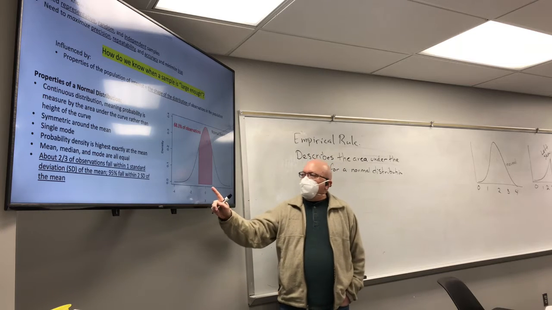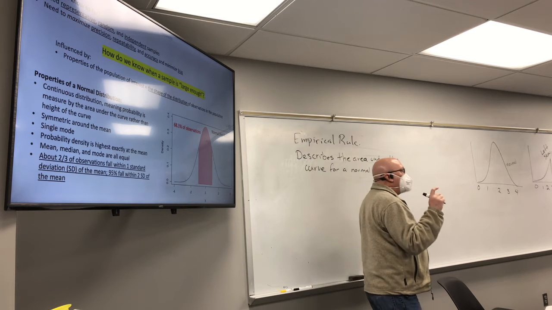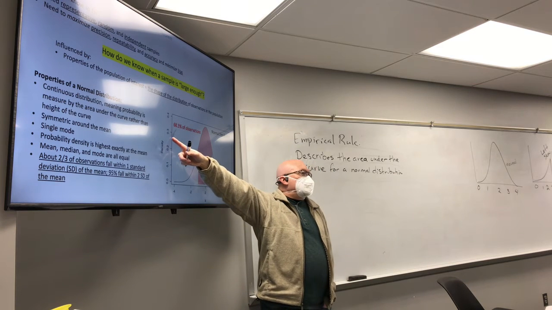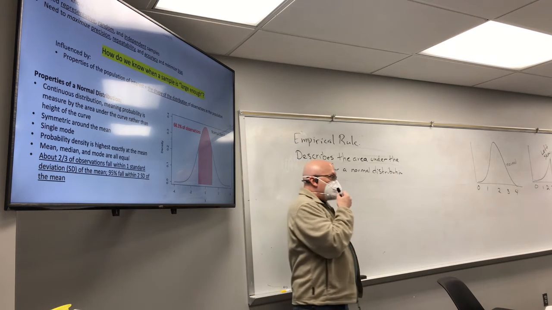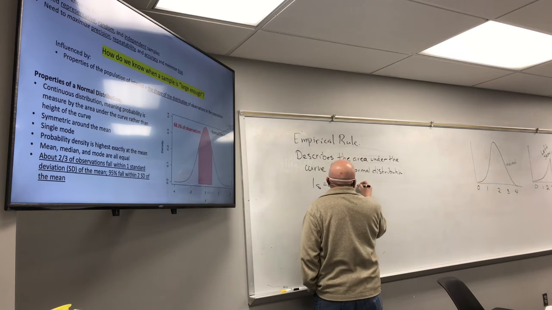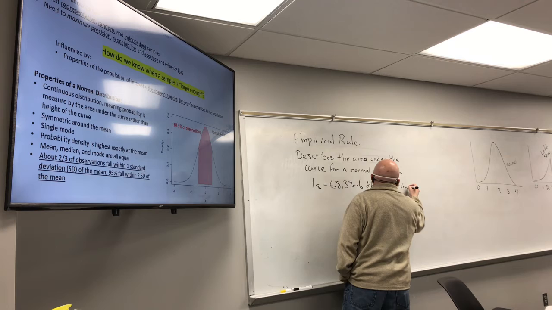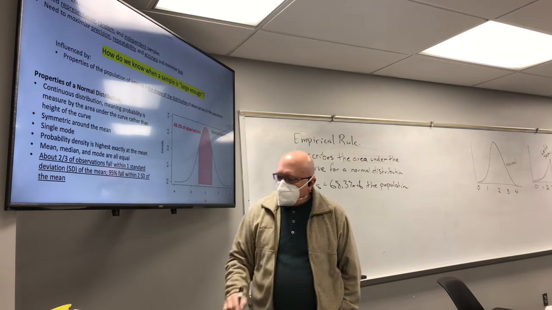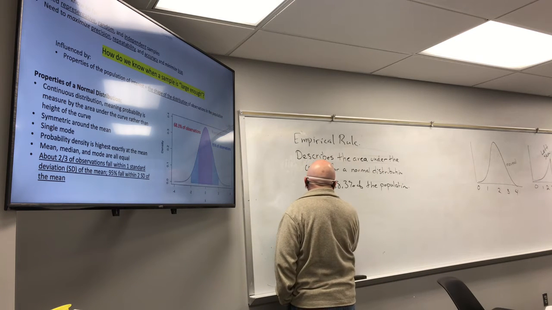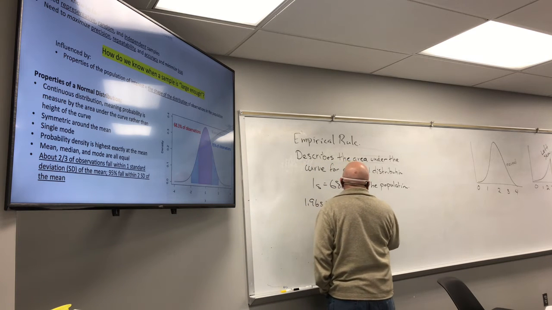If you start at the mean and go out 1 standard deviation to either side of the mean, that area includes 68% of the observations in that population. If you go out 1.96, almost 2 standard deviations, this includes 95% of the population.